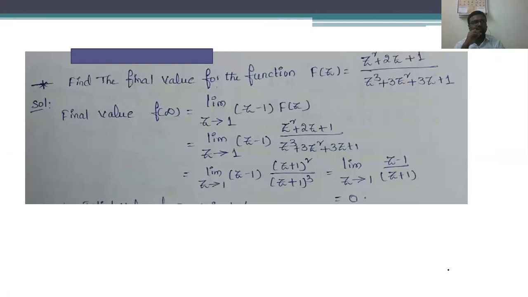So the final value theorem can be taken as f of infinity is equal to limit z tends to 1, z minus 1 into f of z. Therefore, limit z tends to 1, z minus 1 has to be multiplied with f of z.